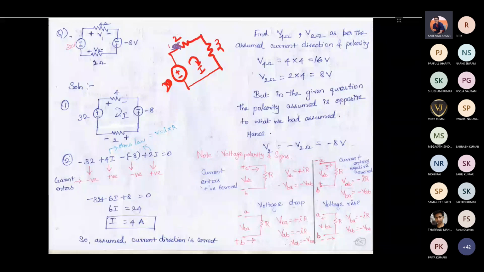If they have given the polarity, you solve the circuit without considering that polarity which is given in the problem. Once you find the current and voltage, then you compare the voltage polarity which you have solved with the one which is given in the problem. If it is the same, you consider the voltage as it is. If it is a different case, you consider it in a different manner.